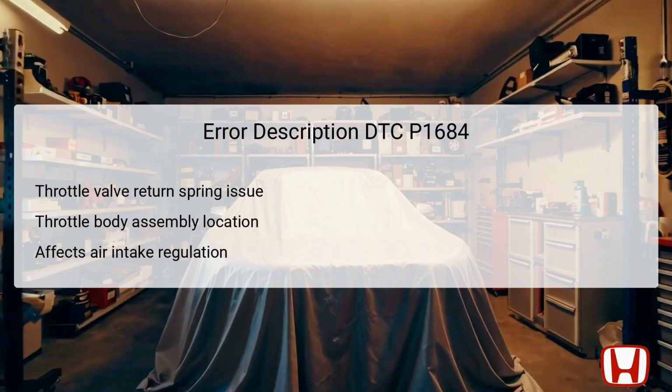It contains a butterfly valve that adjusts the airflow into the engine, which is critical for proper engine functioning. If the throttle valve does not return as intended, it can cause an irregular air-fuel mixture, leading to inefficient engine performance and increased emissions.